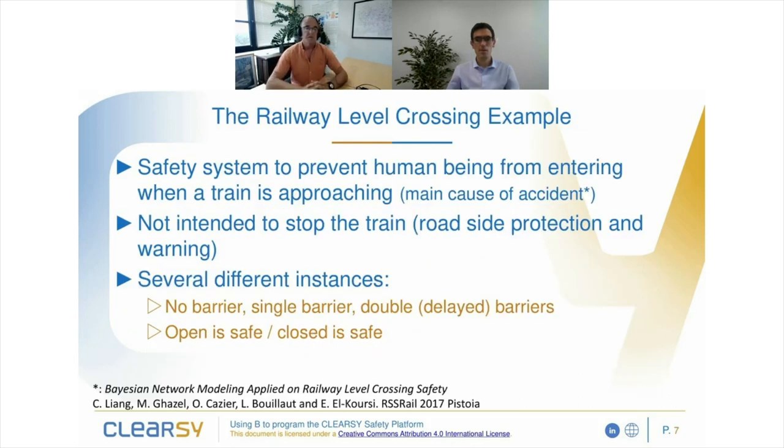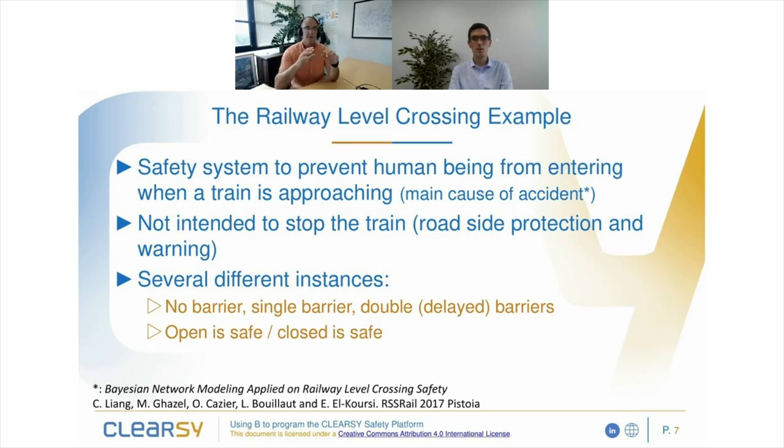So in our example, the level crossing, everyone knows about this because you need to take one of these every day or almost. The idea is not to stop the train. It's just to prevent human beings from entering this dangerous area where the road and the tracks cross.